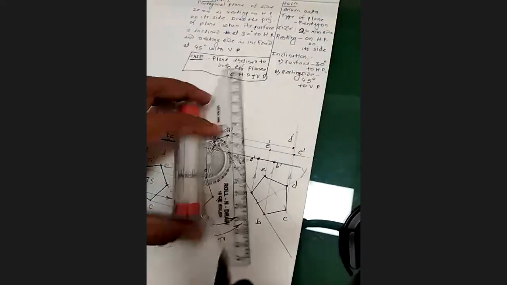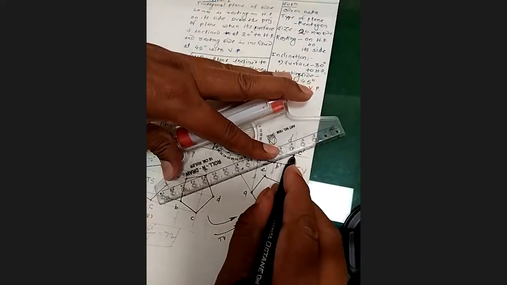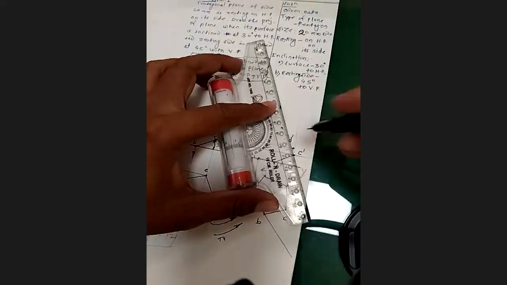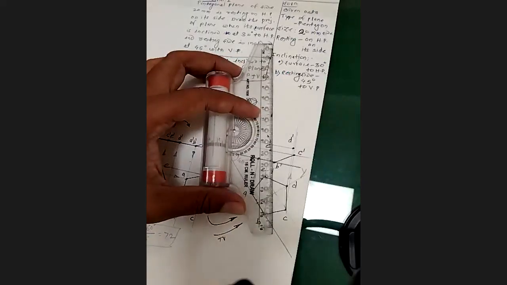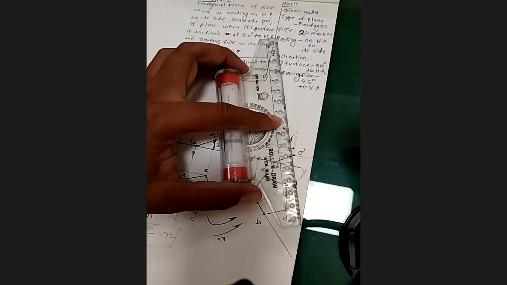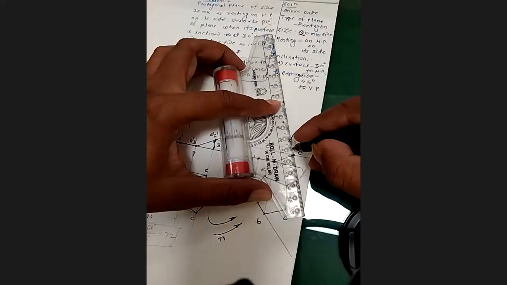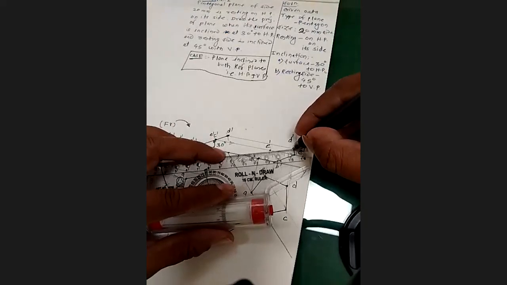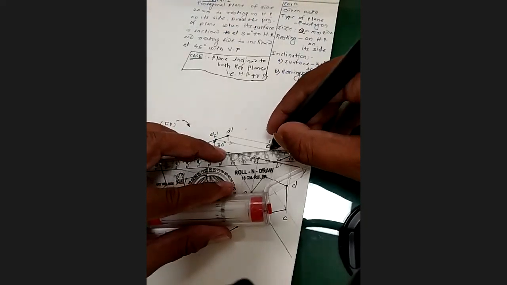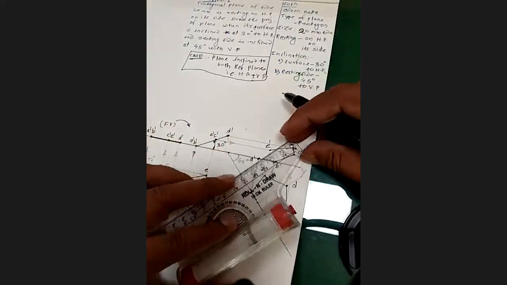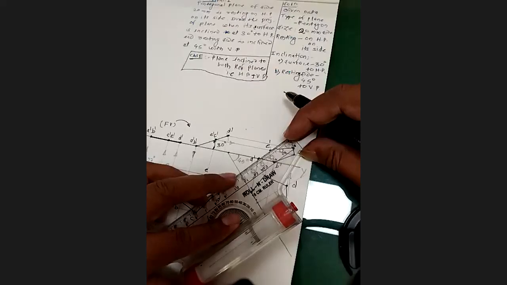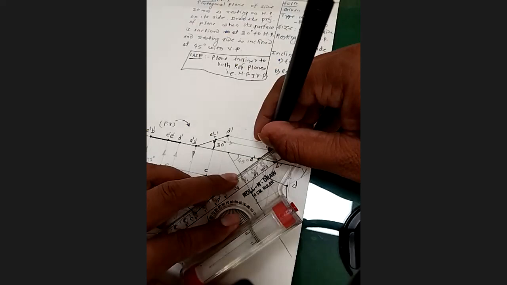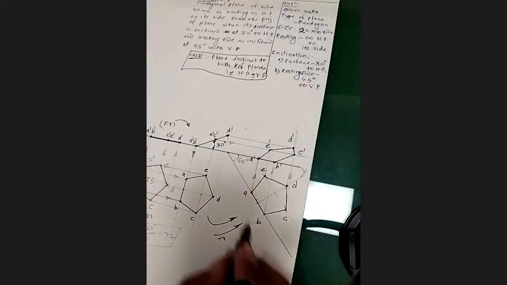So I will join A with B, then B with C, C with D, D with E, then I will join E with A, and this is going to be the final front view.